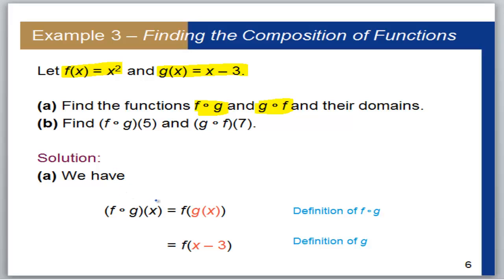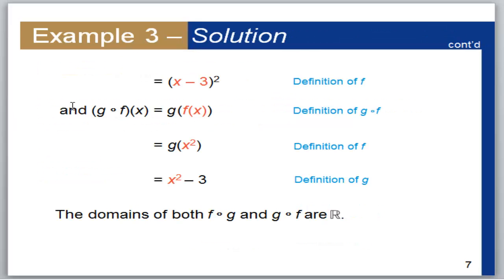So f of g would just be f of g of x, which is going to be f of x minus 3, and then you just square that and you get x minus 3 squared. And realistically, can you leave that in that form? Yeah, because this is what this textbook calls the standard form for a quadratic, right?